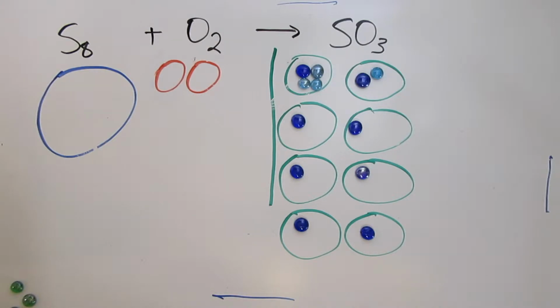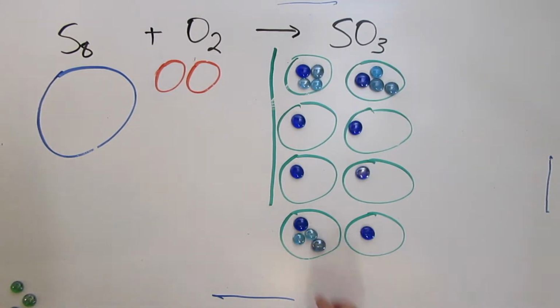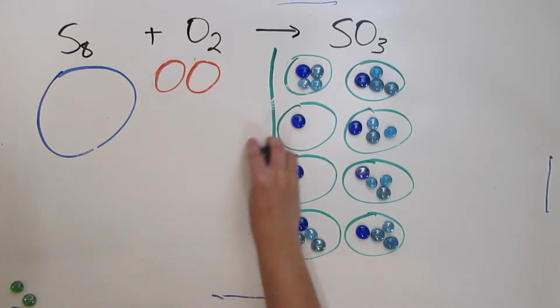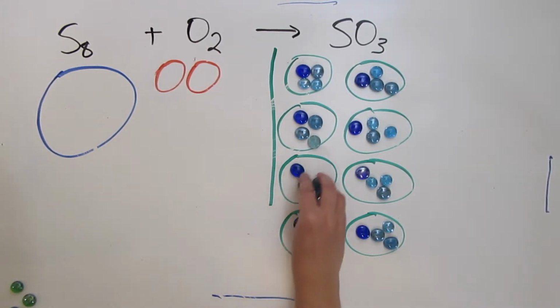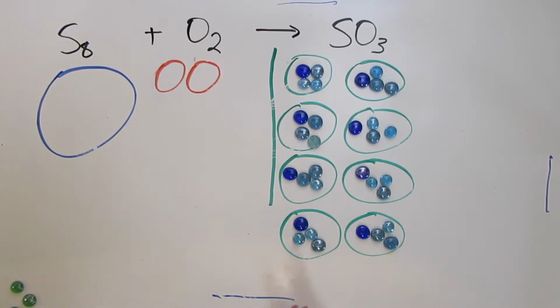So what I'm going to do is put 3 oxygens in with each sulfur to make sulfur trioxides, and let's see how many oxygens we needed to start with in order to get this many sulfur trioxides.